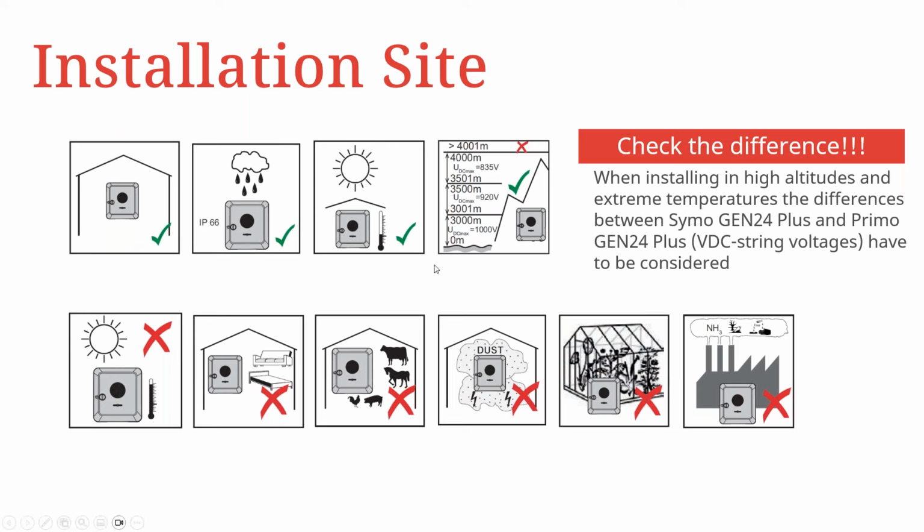Please ensure that you check the difference in terms of the altitude. If you're going with a Primo, ensure that you don't go beyond the stipulated altitude height. Same applies for the Symos. All other conditions, as mentioned previously, also apply as illustrated.